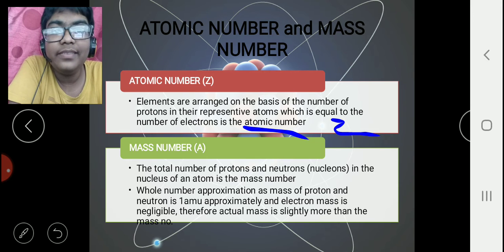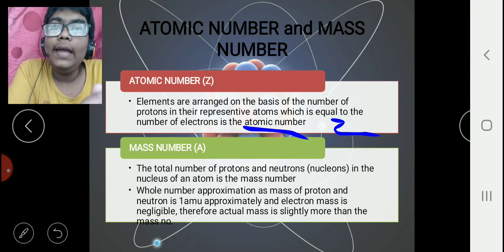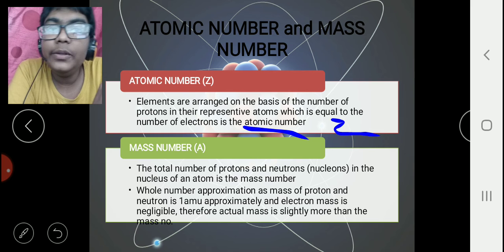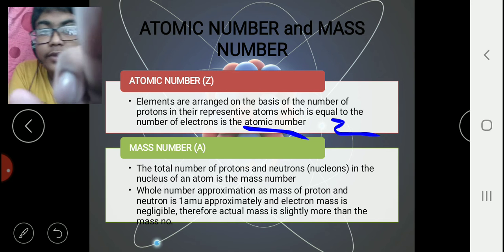Then the mass number, which is A. The mass number is the total number of protons and neutrons, that is the nucleons in the nucleus of an atom. Why is it only protons and neutrons? Why not electrons? Let's go to the previous slide.